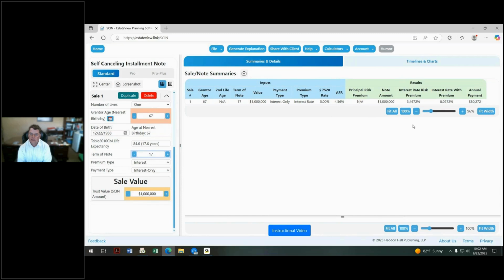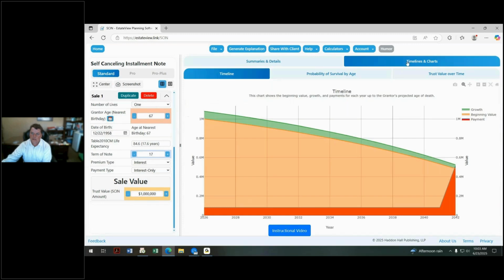So in this situation, our base AFR was 4.56, and we add the 3.4672 to that, and we get 8.0272%. So the annual payment is going to be 8.0272% of the outstanding principal, which is $1 million, meaning that my annual payment is going to be $80,272. Right? And again, you can see that on the timeline in the chart here that we have.